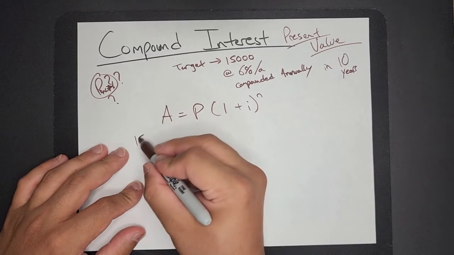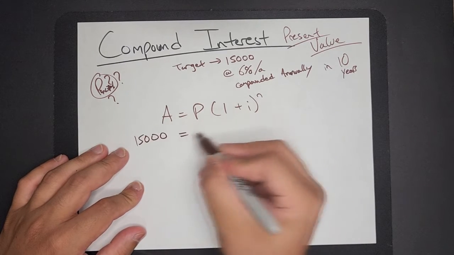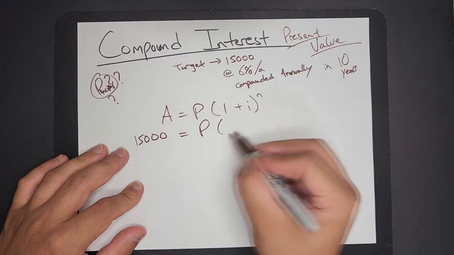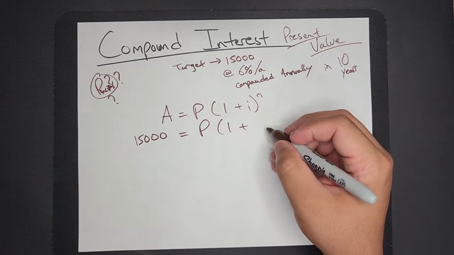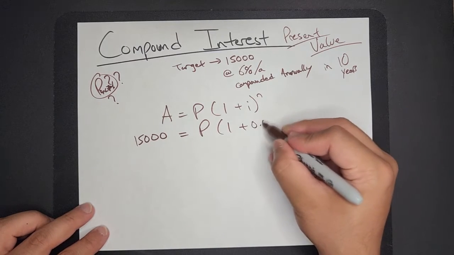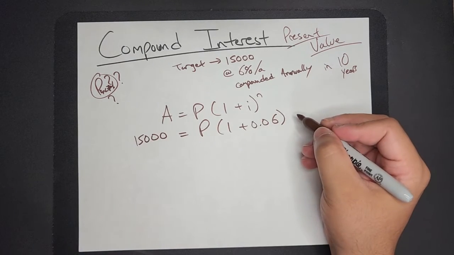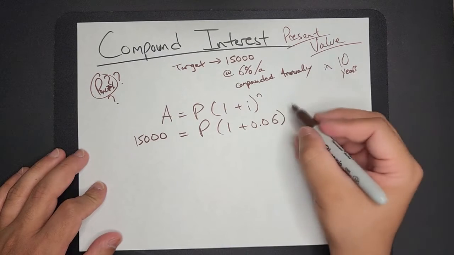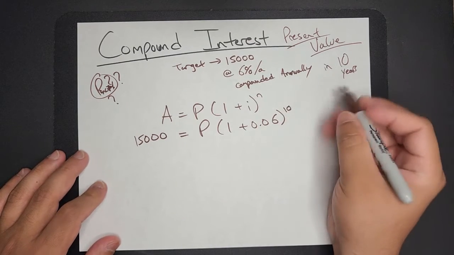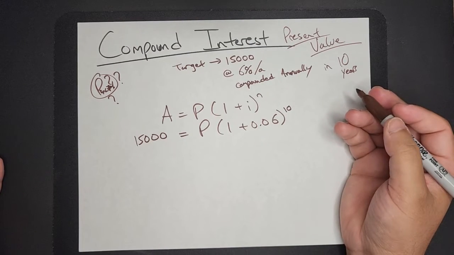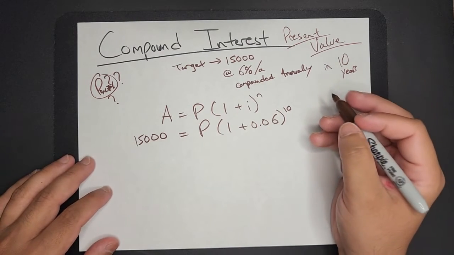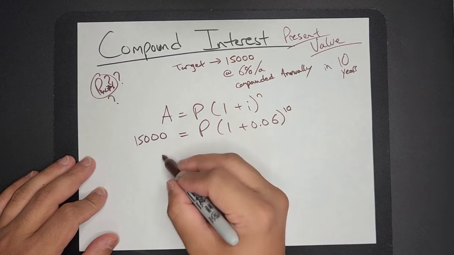So we know our amount is 15,000. Our principal, we don't know. We know that our interest rate is 0.06, and we know that we want to do this in 10 compound years. So it was actually that simple all along.